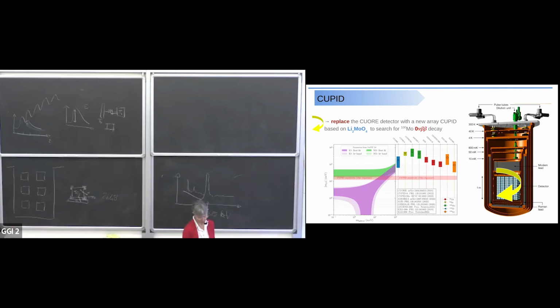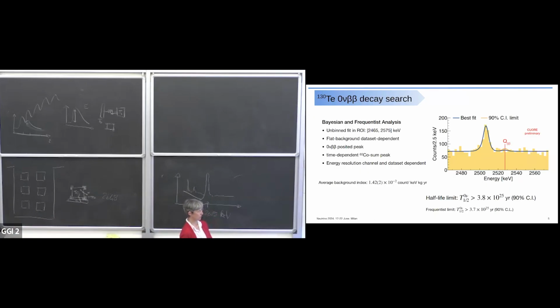Okay, next, what is the next step for us? So now we are very close to the final goal of CUORE, because now I've shown you the sensitivity. CUORE, as you see, is an experiment where we do not work in zero background condition. We have background. The sensitivity increases at the beginning in a linear way, then with the square root of the exposure.